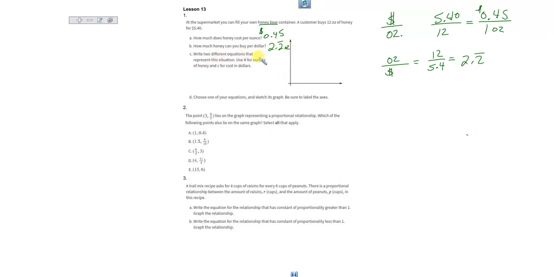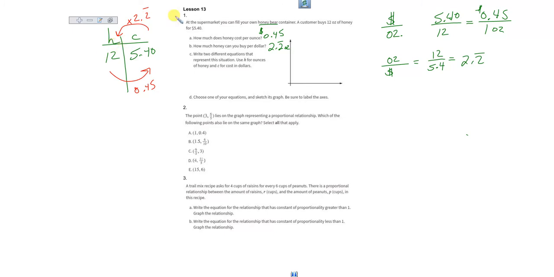Write 2 different equations that represent this situation using H for ounces of honey and C for cost in dollars. Alright, it would be good to make a little table to get things straight. For honey, I get 12 ounces for $5.40, and I would multiply this way by 2.2 repeating, and this way by my 0.45.